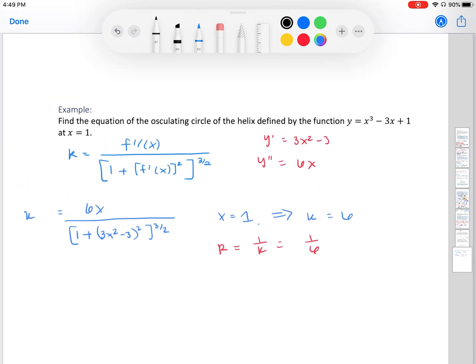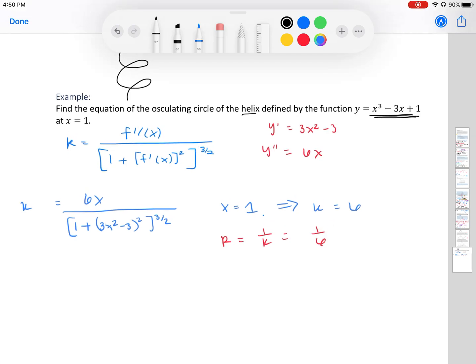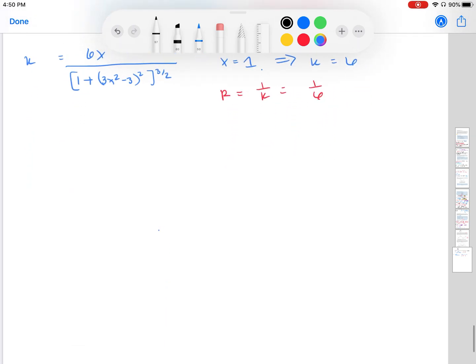Here, though it says it's a helix, which is like a spiral, from our perspective using y and x only, it's a polynomial, right? We have a polynomial with 3 zeros. So when x is equal to 1, let's find that point.